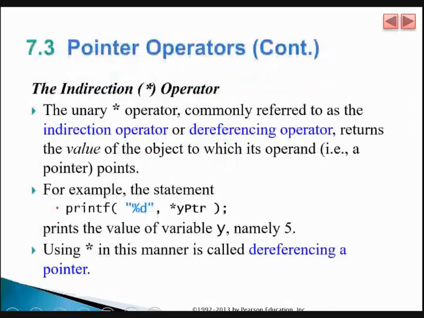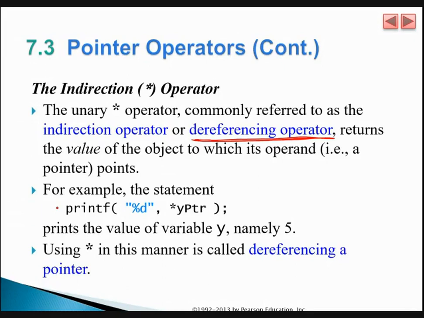This is called the indirection operator. This is also a unary operator, commonly referred to as the indirection operator or dereferencing operator. The word dereferencing is much more common than indirection. It will return the value of the object to which its operand points. Please read this line many times.